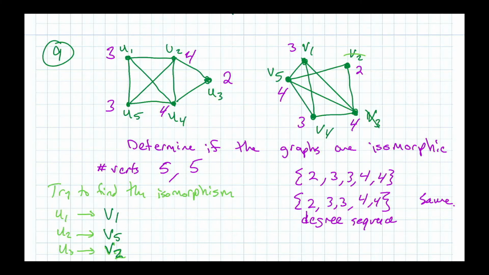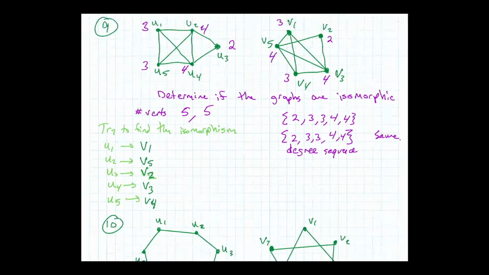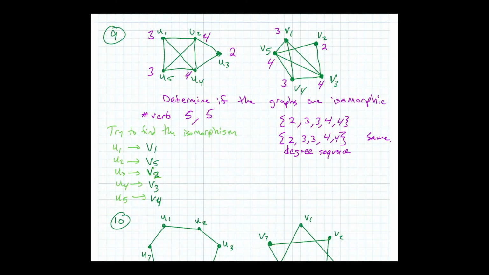Right, so I'll just say one thing about that and then we'll be done with this problem. If you take any edge here, you can do this for all of the edges. But if you look at an edge here, let's say this edge, U1 to U4, right? So U1 is adjacent to U4.